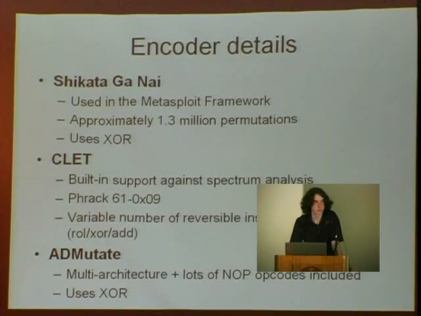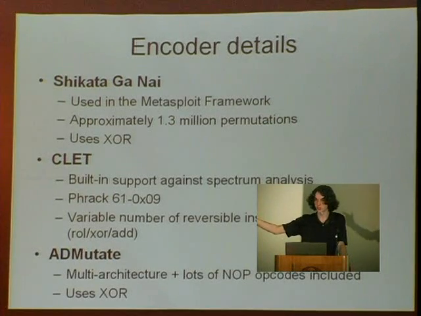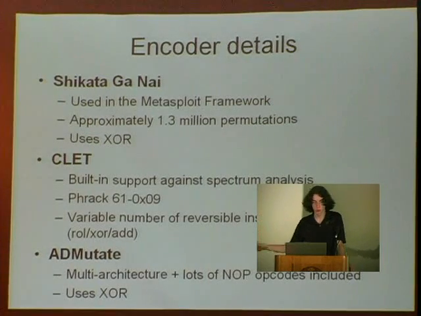So unlike Shikata Ga Nai, instead of just doing a 4-byte XOR key, it can add a value, then XOR a value, and then rotate that entire block of code to the left some number of bytes. So you're not doing one operation on the memory to decode the ciphertext. Now you're doing a number of variable operations which can change with every encoder, and this makes it considerably harder to fingerprint, because you're not just doing the same thing over and over with different instructions.